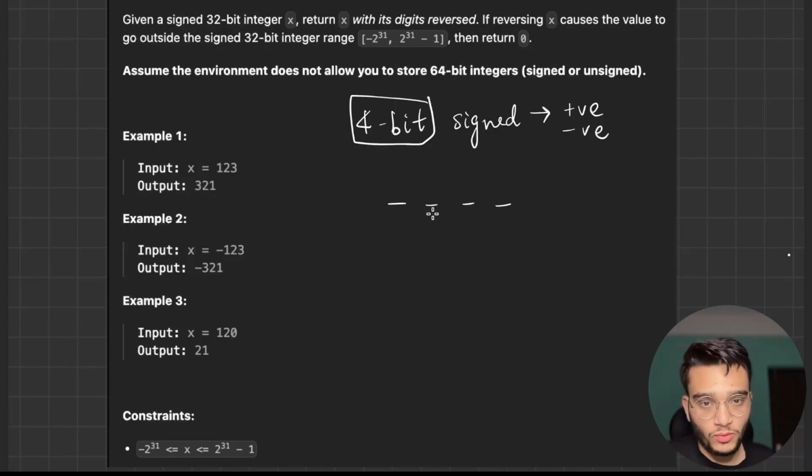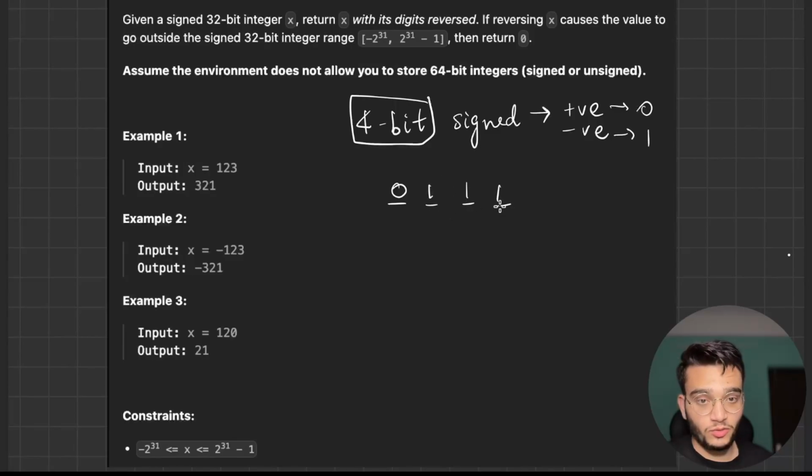So if you want to say, okay, what is the maximum value that can be represented using 4 bits, then the maximum value would always be positive, right? So this sign bit will be 0, and the rest of these bits will be equal to 1, since we need the maximum value.